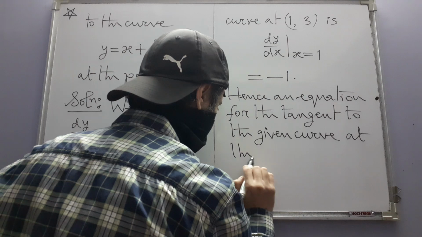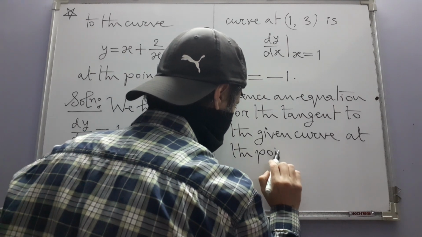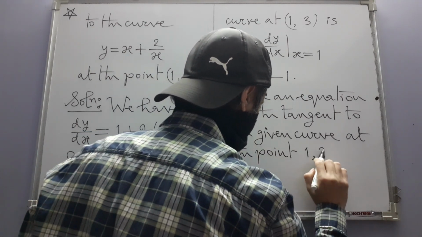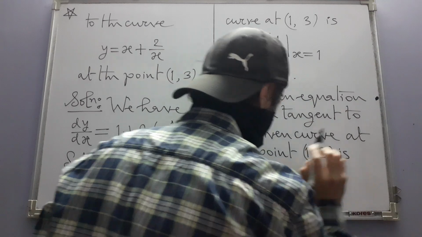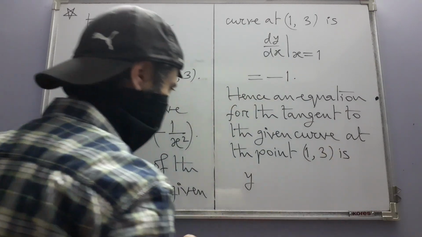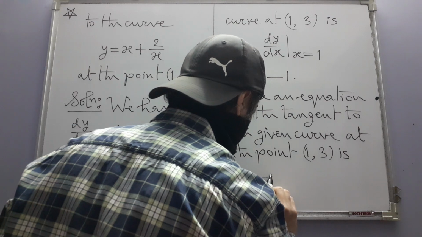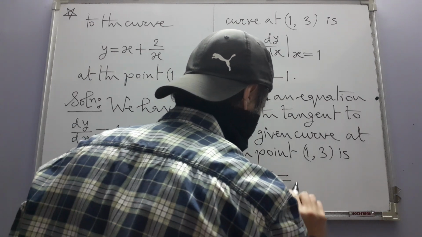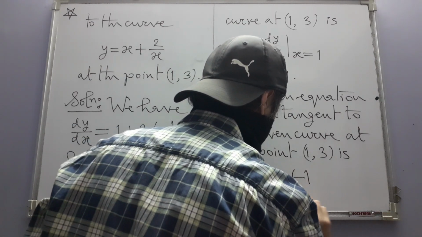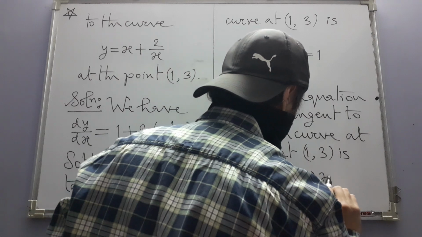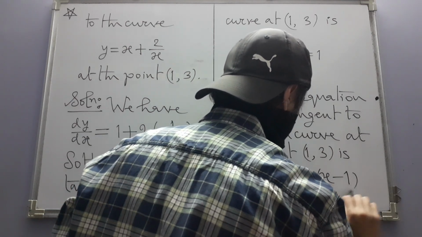At the point is, so you write the point slope form of the straight line. y minus 3 is equal to slope times x minus 1.